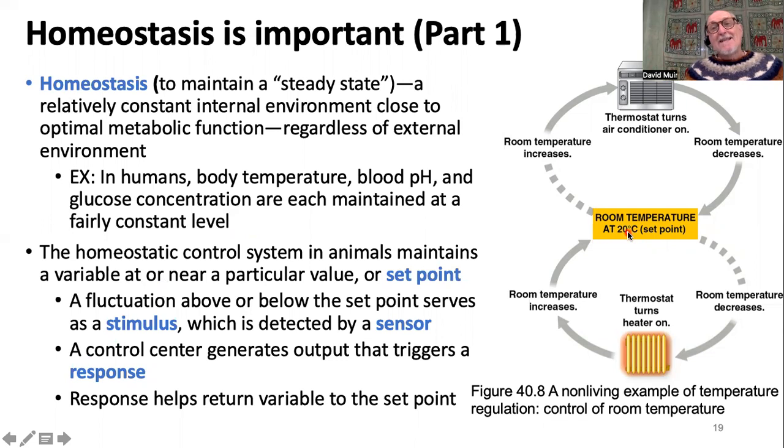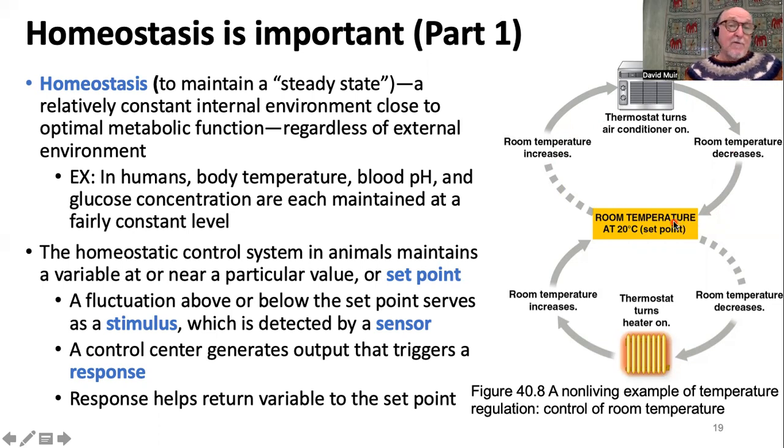If the temperature rises above 20 degrees Celsius, then there is a response. So we have some sort of sensor, and the sensor senses that the temperature has risen, and the response is to switch an air conditioner on. The air conditioner now runs and lowers the temperature, and it lowers it to the set point.